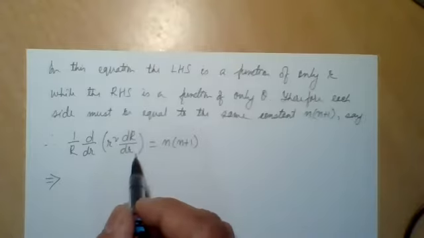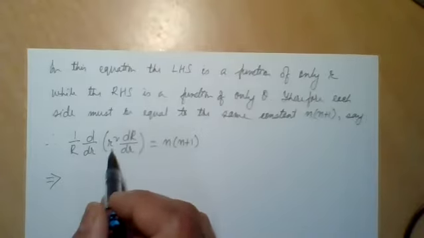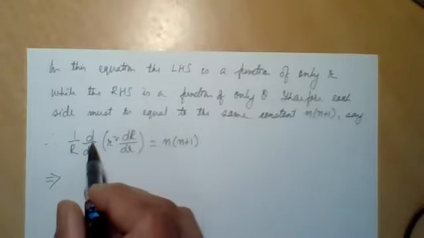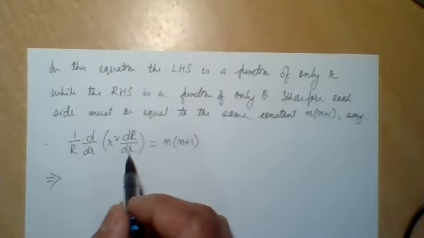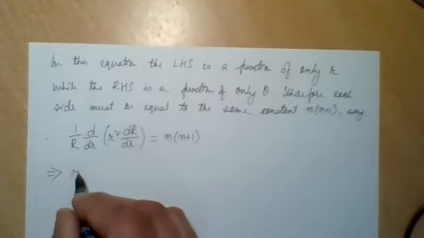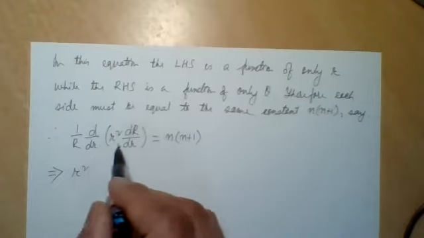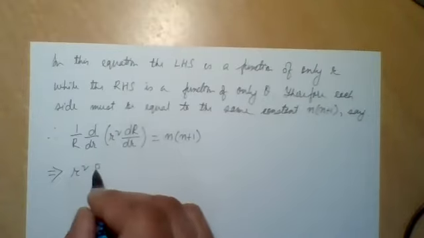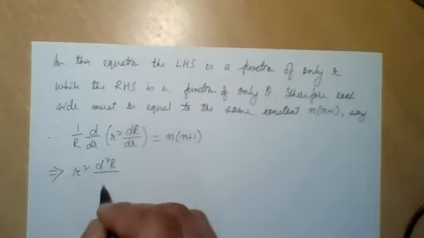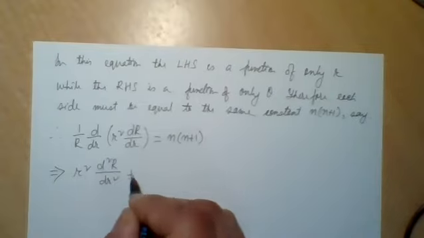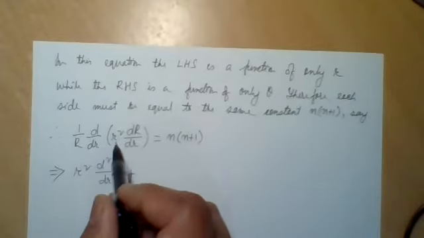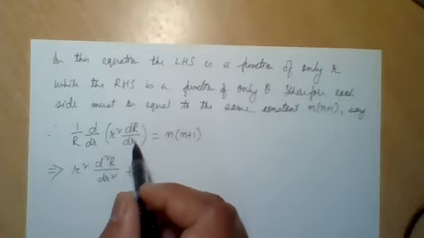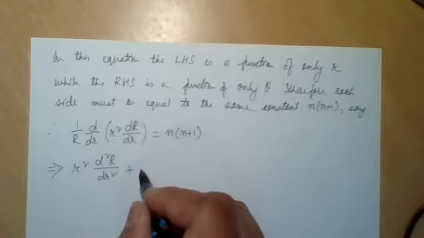Okay, I open this bracket. So d by dr operating on r square dR by dr. Let us apply the product rule. So r square, second order derivative of capital R with respect to r square, plus, next we differentiate r square and keep dR by dr. So what do we get?